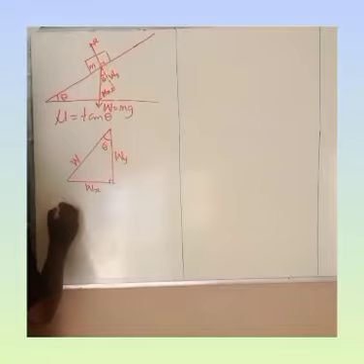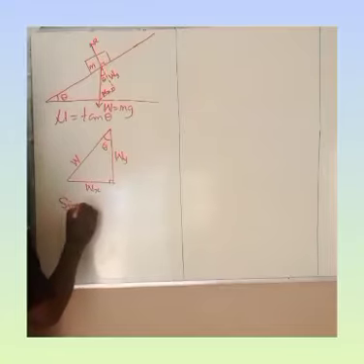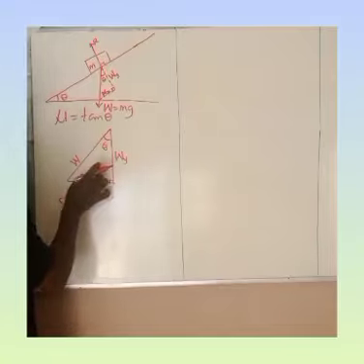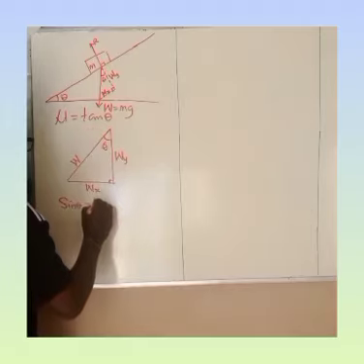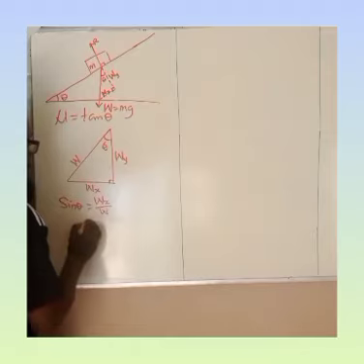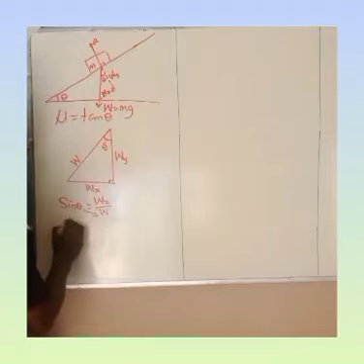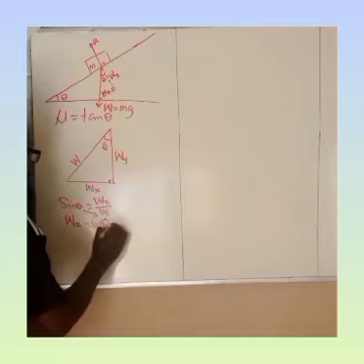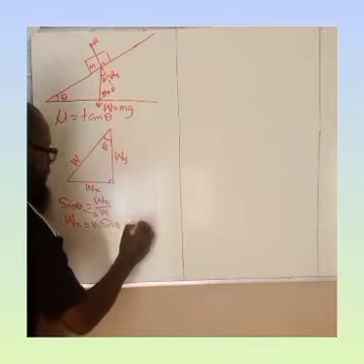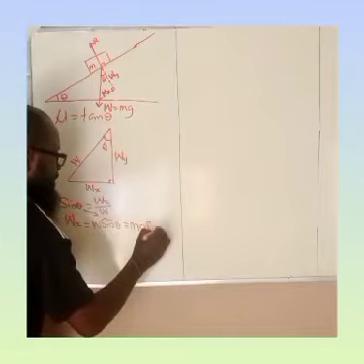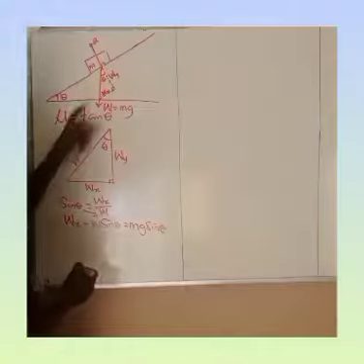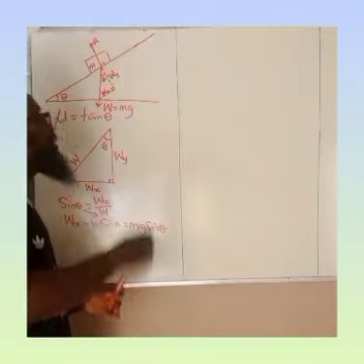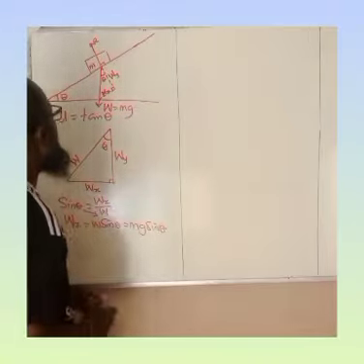Now, we know that sine theta is equal to opposite over hypotenuse, which is W subscript X over W. Then when we cross multiply here, we have W subscript X is equal to W sine theta, and W is mg. From here, this will be mg sine theta. What it means is the component of this weight that is parallel to the plane is mg sine theta.